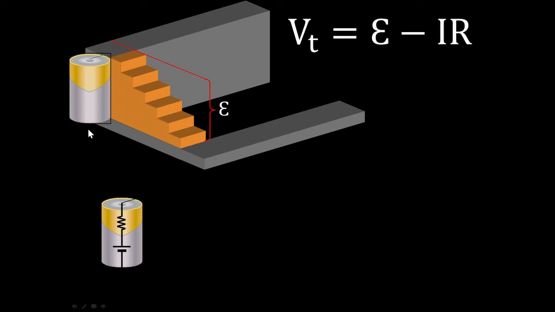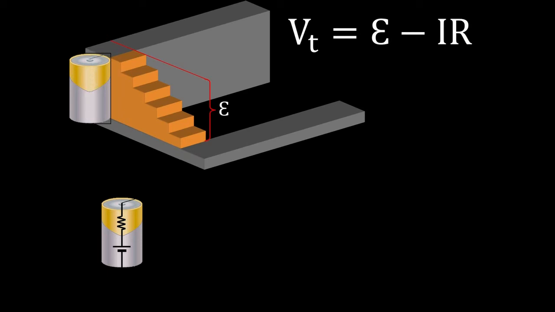A D-cell battery should provide 1.5 volts of potential. Those little square batteries are 9-volt batteries, provide 9 volts. Okay, so that's the EMF of the battery, the electromotive force that provides voltage. And I should measure that when there's no current running through that resistor, or running through the battery.